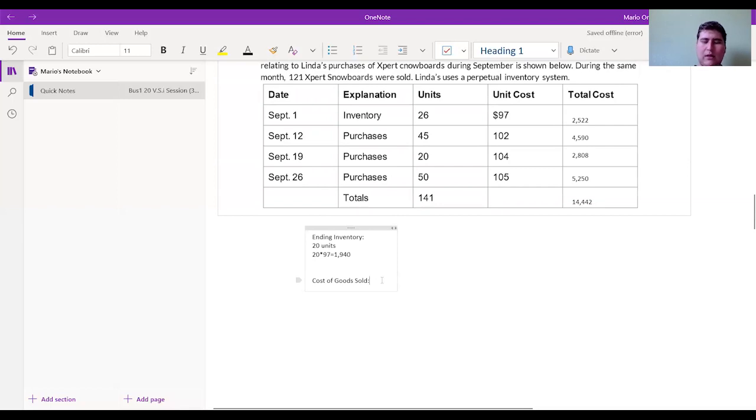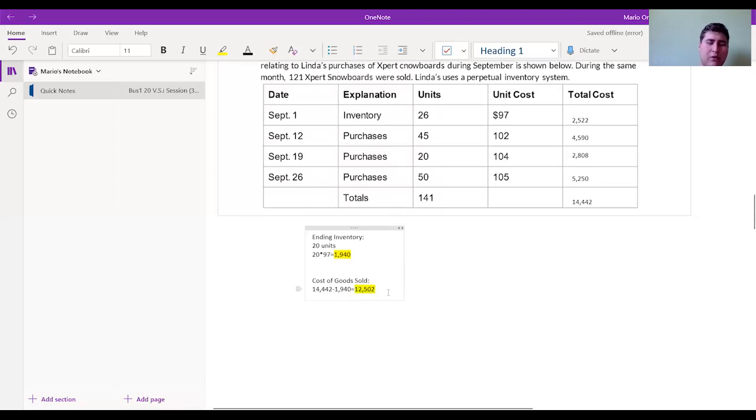And now for cost of goods sold, we can simply do 14,442 minus the 1940. And that'll give us our cost of goods sold. So this is our ending inventory and cost of goods sold here.